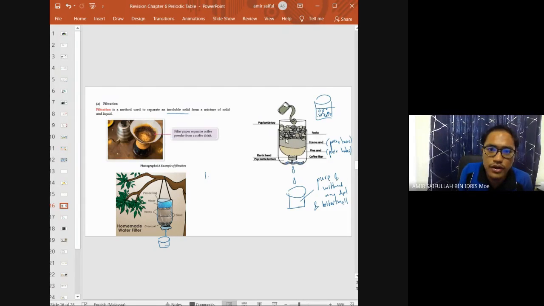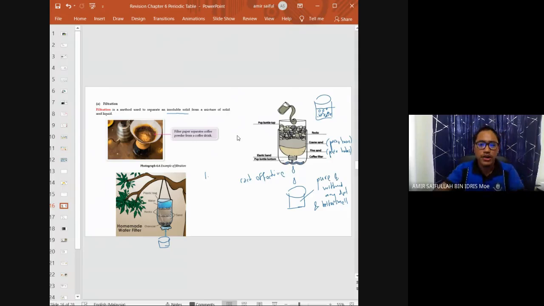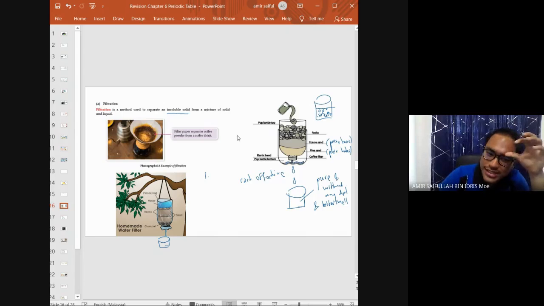It is easy to use, yes. It is cost effective. You can actually make it yourself, but it has a weakness, such as it cannot separate soluble liquids such as poisons and toxics that are already mixed with the water. Okay, take note, very important. When I say very important, of course I say it for a reason. So you must be clever to take note.